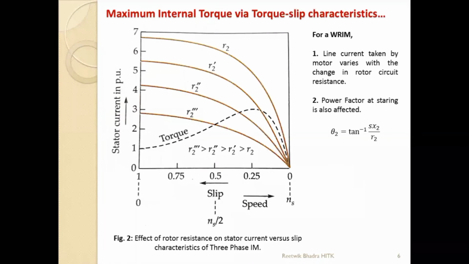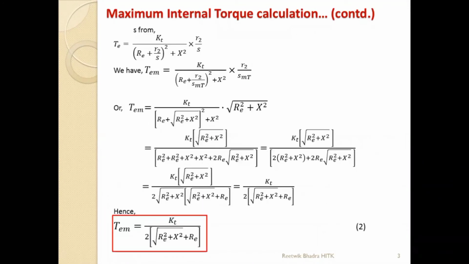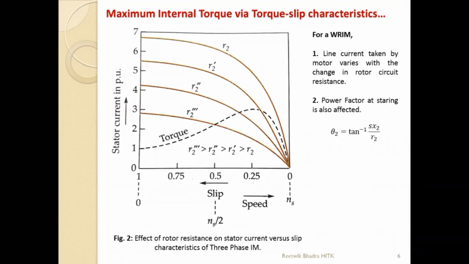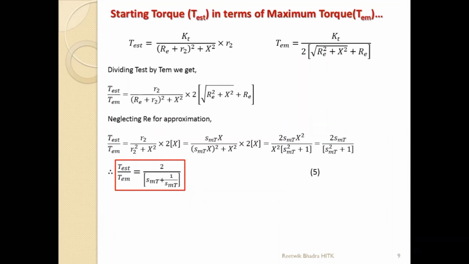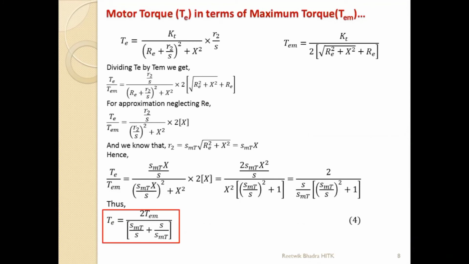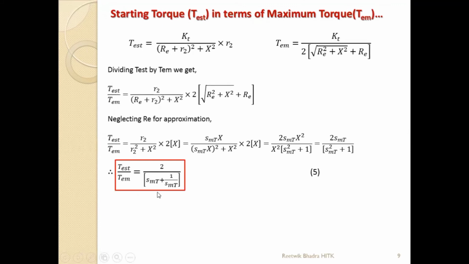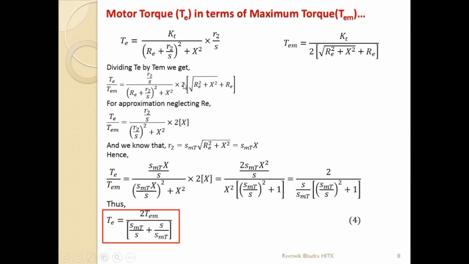So these two relations, equation number 2 and equation number 3, will be required next. These two things we'll discuss just now, only required for solving problems. This relation number 4 and next relation number 5 will be required for solving problems, and as well as in the semester exam you may be asked to derive this.